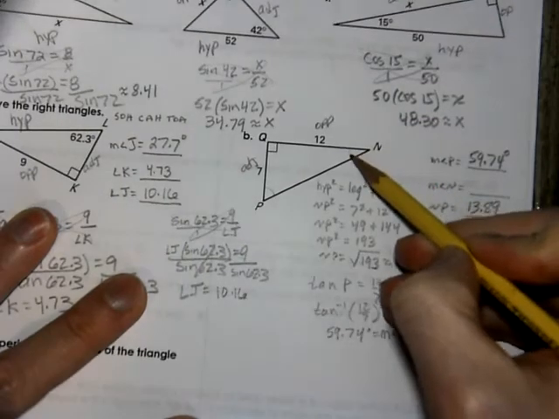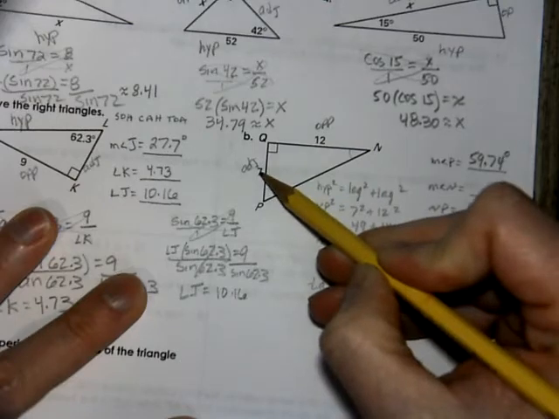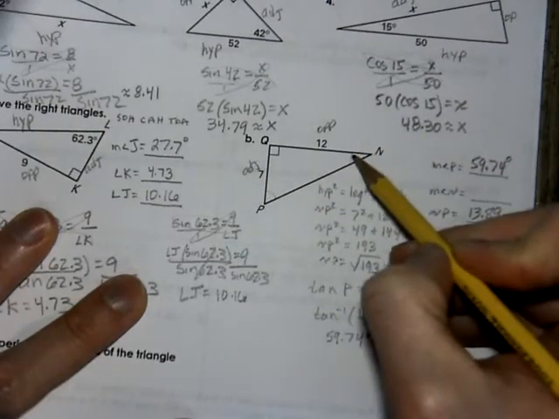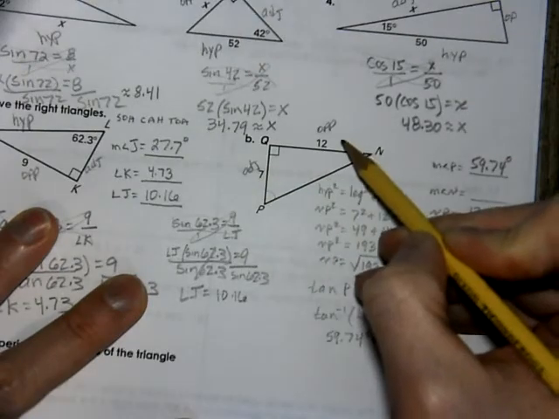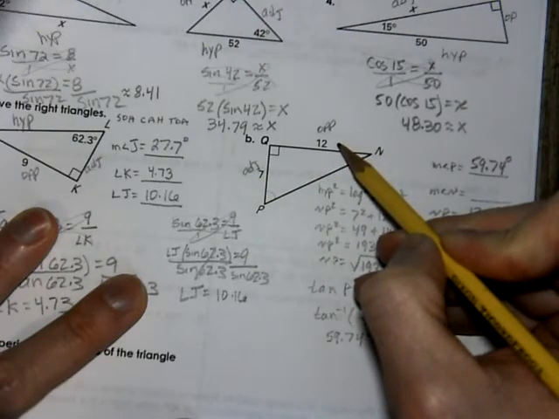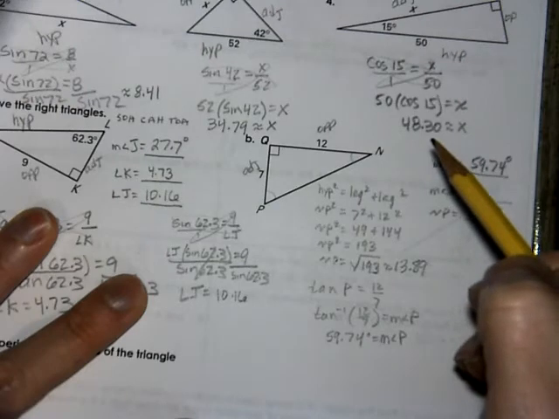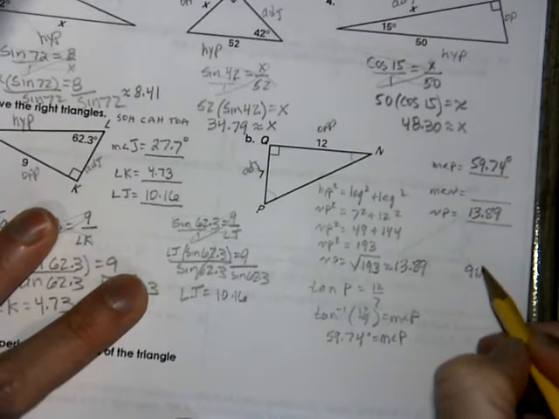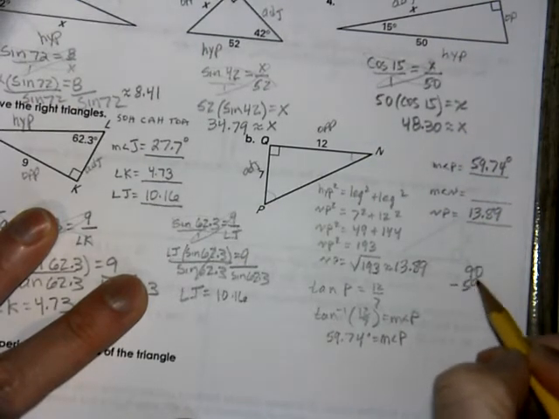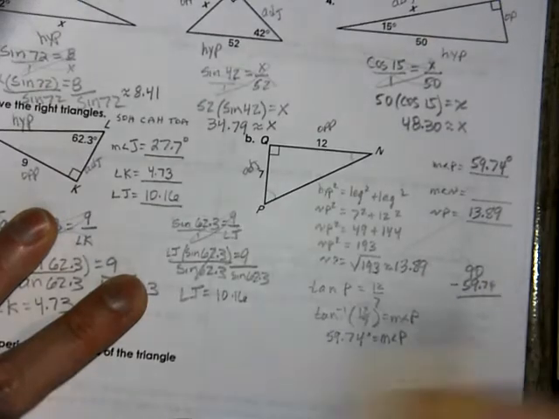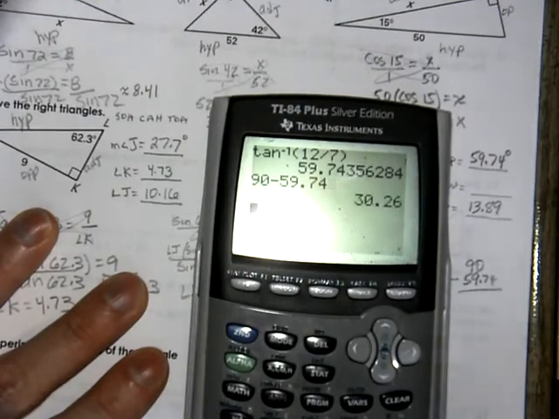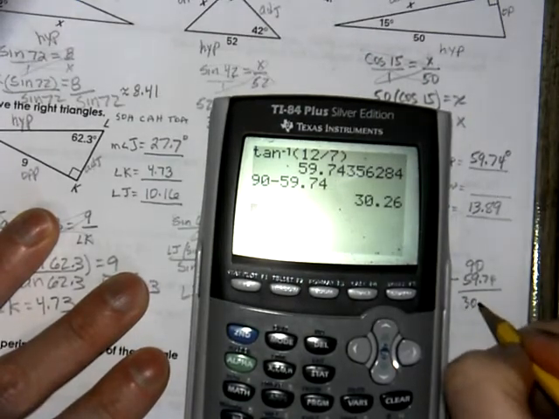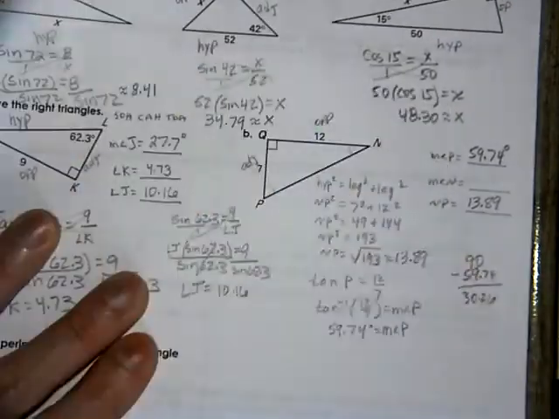So we're going to now try to find N, which is opposite over, from the N's point of view, this would be opposite for N. This would be adjacent for N. Alright, that's one way you could do it, but if that's confusing, let's say 90 minus 59.74, and we get 30.26.